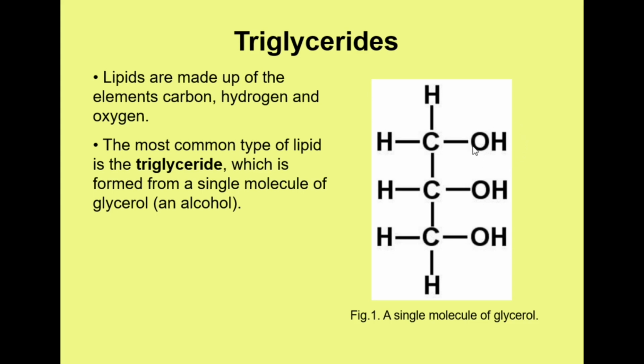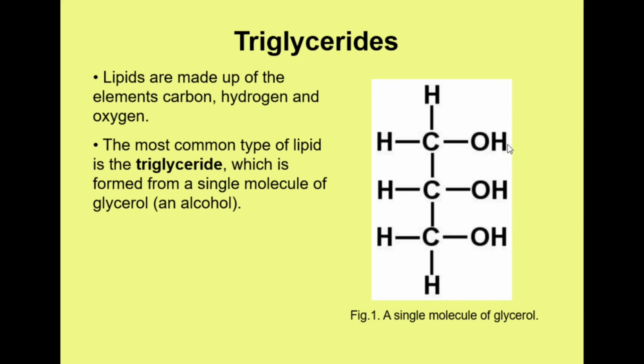So if we try and break the word down, we're going to build a triglyceride, or triglycerol. So tri refers to 3. The glyceride refers to the glycerol, and we've got 3 hydroxyl groups. So we're going to make a triglyceride.